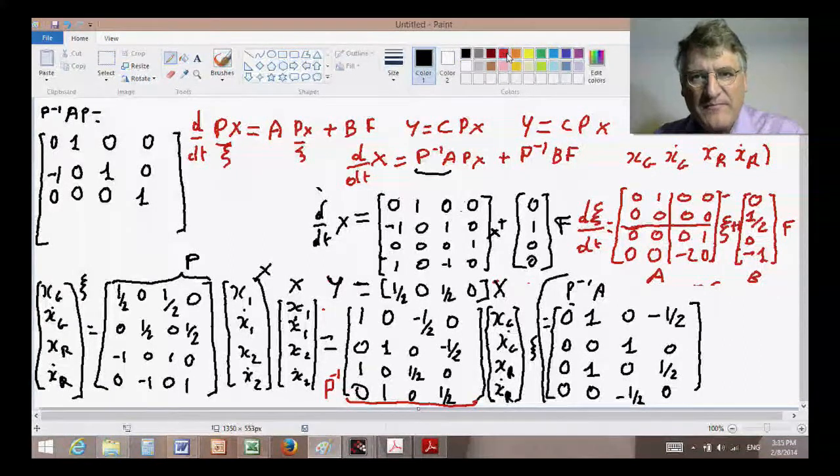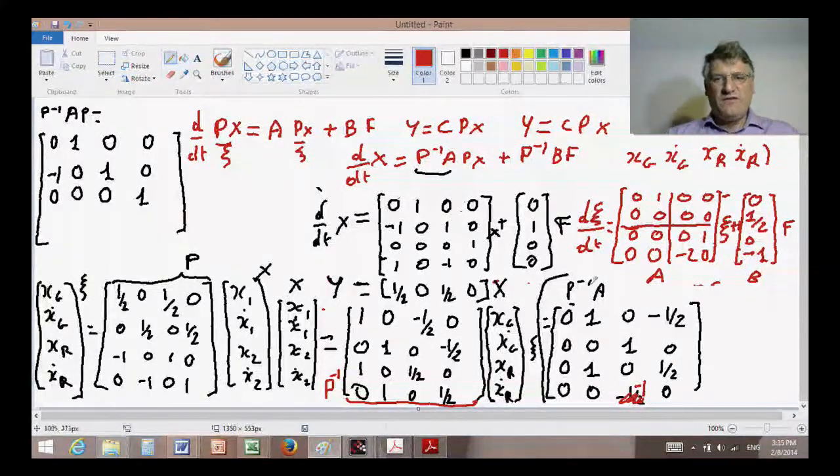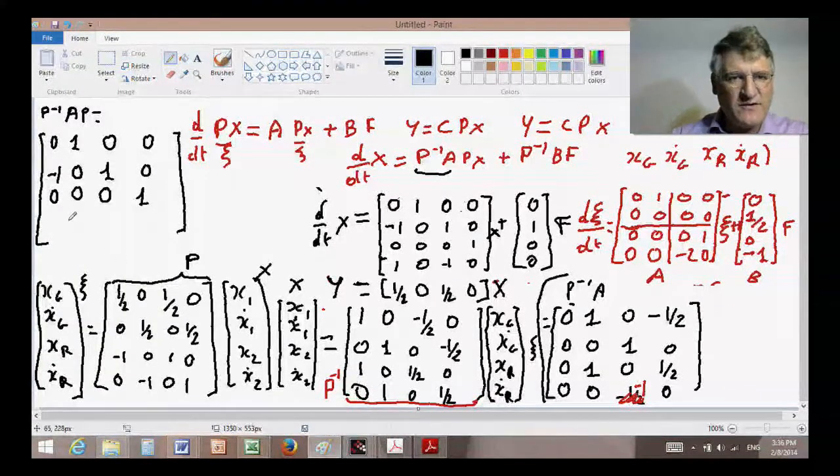There was a mistake there. This guy ought to be minus 1. Okay, so let's restart our computation as far as P inverse AP is concerned. So the first entry is going to be 0 times 1/2 plus 0 times 0 plus minus 1 times minus 1 plus 0 times 0 is equal to 1.